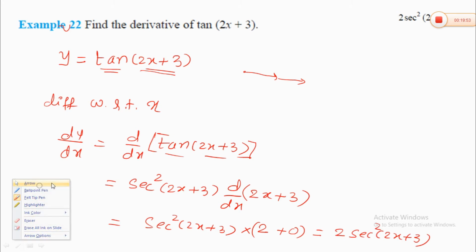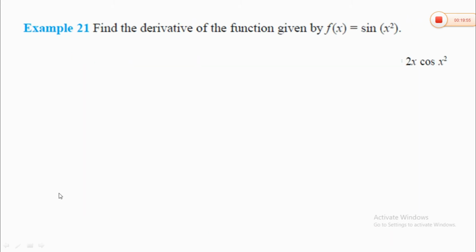So now consider a different problem. Find the derivative of the function given by f(x) equals sine of x square. So observe, first write the given function, f(x) equals sine of x square. First check whether it is a composite or not.